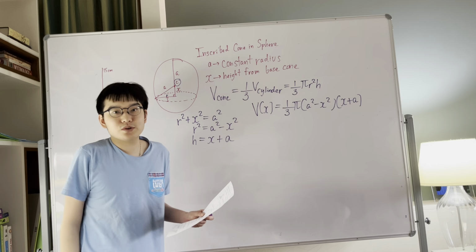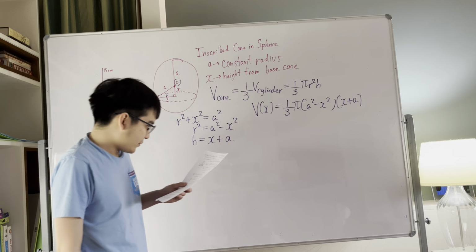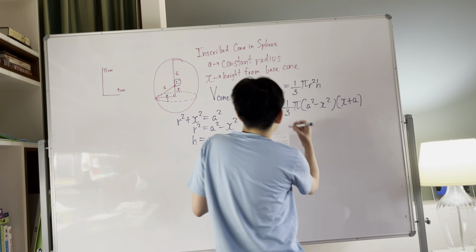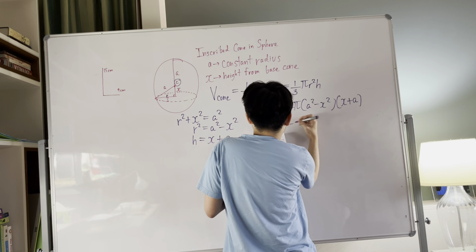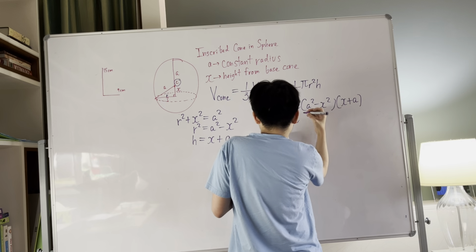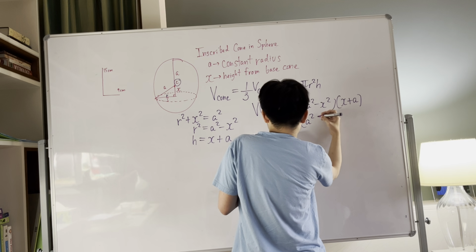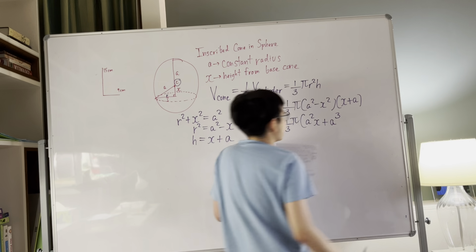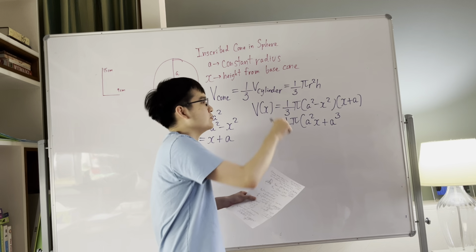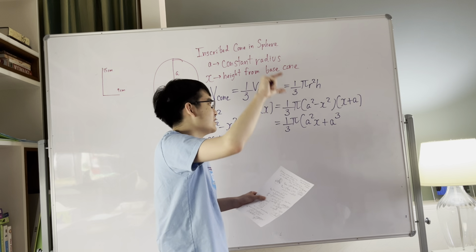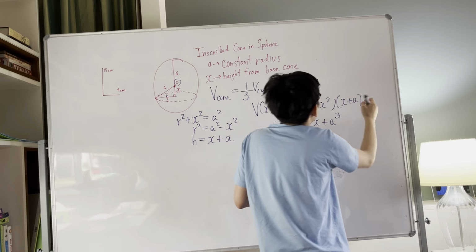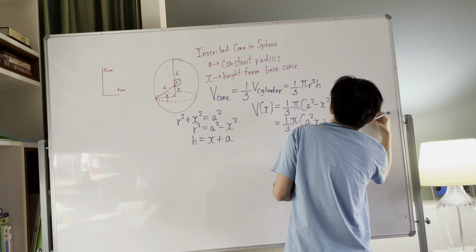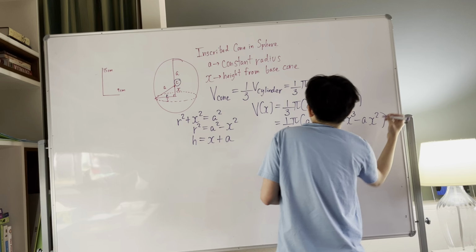And now all we have to do is expand out this polynomial. So we're going to get 1/3 pi times a squared x plus a cubed. Use whatever method you're comfortable with. You could use multiplication using area grids, or you could use FOIL. a cubed, this is minus x cubed, this is minus a x squared.